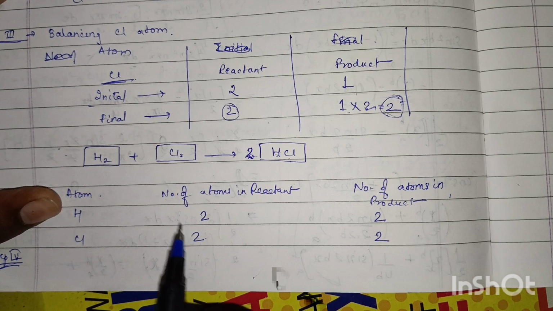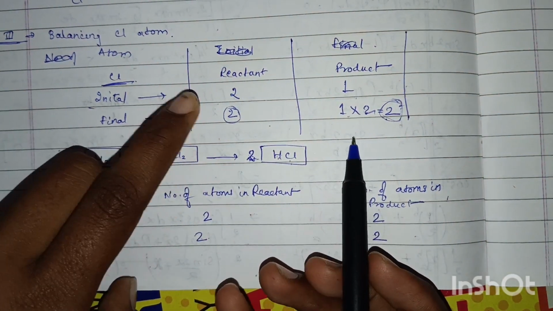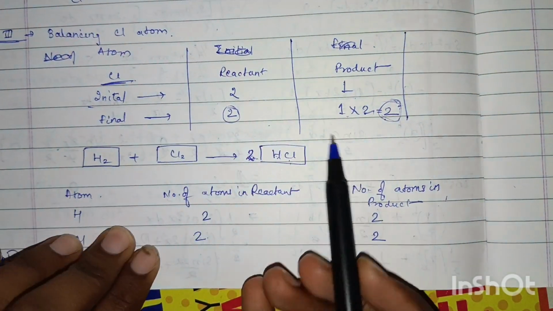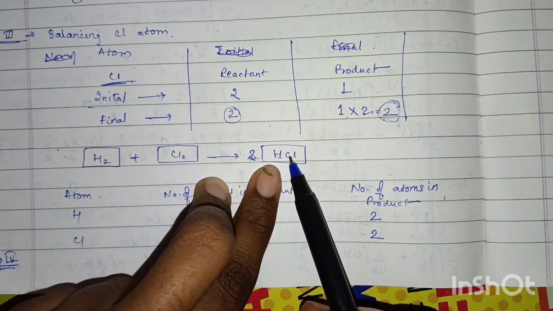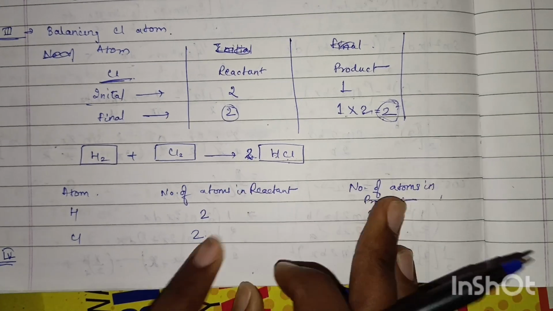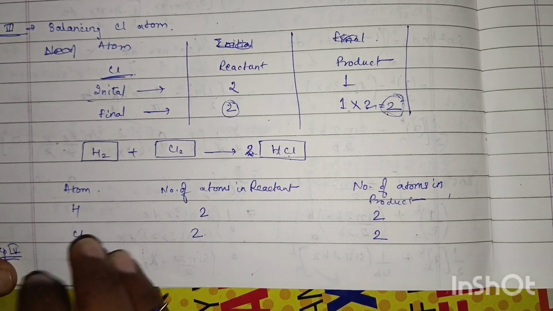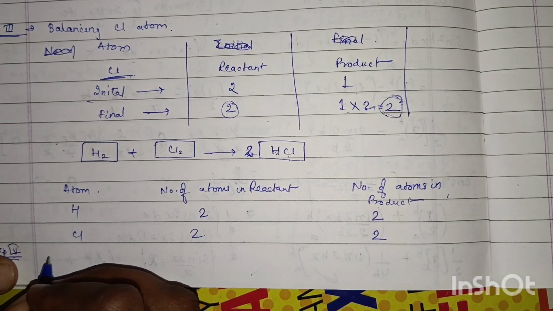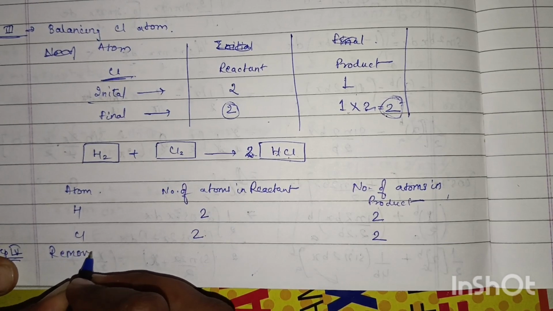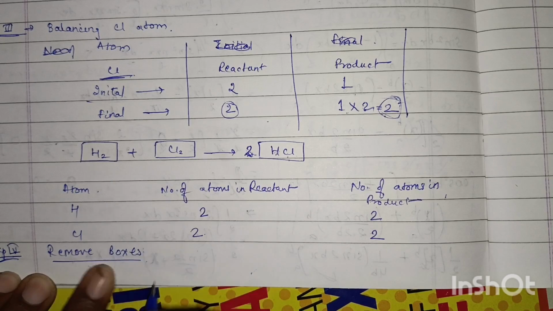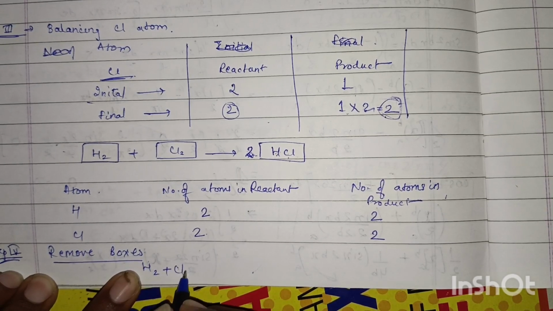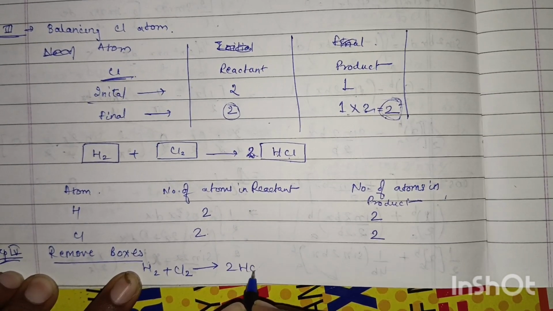Like here we just balanced chlorine, but along with chlorine hydrogen is also balanced, because hydrogen and chlorine are present all together. So the next step is to remove the boxes. Okay, so H2 plus Cl2 gives 2HCl.